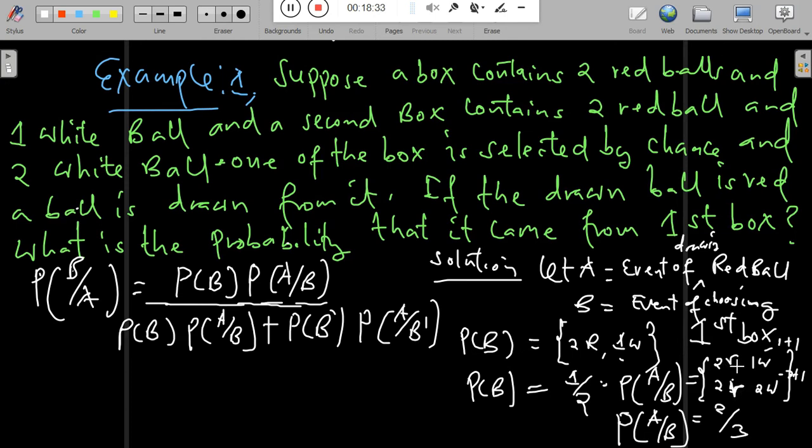When we remove 1, this means that in the first box we remain with 2, and then we divide by 3, the total sample space after removing the drawn balls from the first box and second box. So the probability of A given B will be equal to 2 over 3, as you observe.